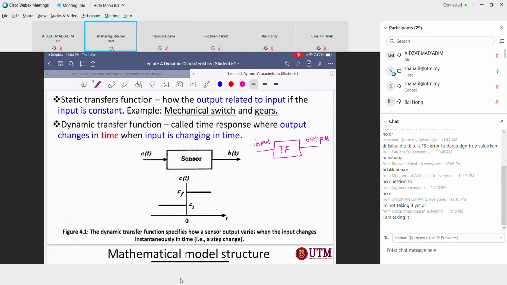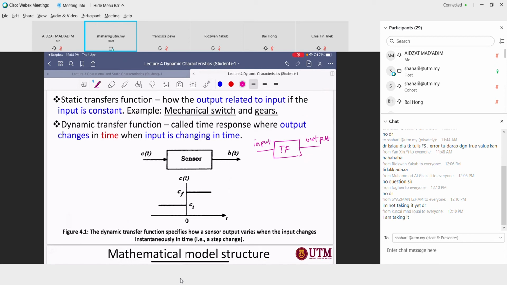When you give the input, so you will straight away get the output. That means your input is constant. For example, the mechanical switch. Mechanical switch is like when you want to switch on the light, right? At your home, you just click, and then you straight away get the output. That means the input is constant, it only gives you the constant value, right? It doesn't get affected over time.